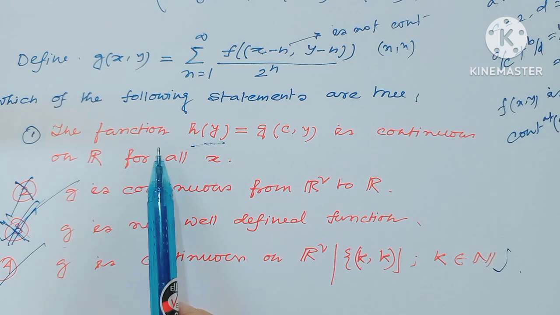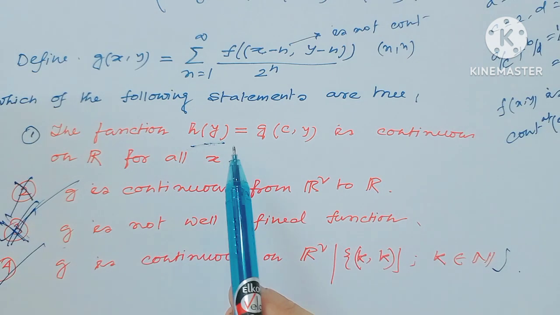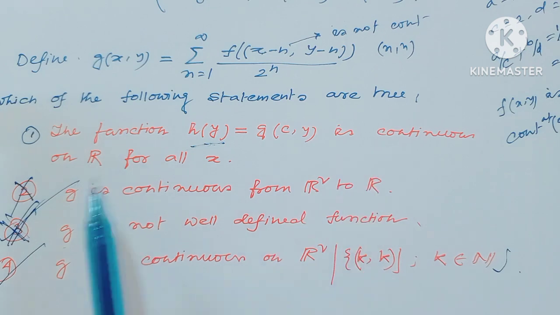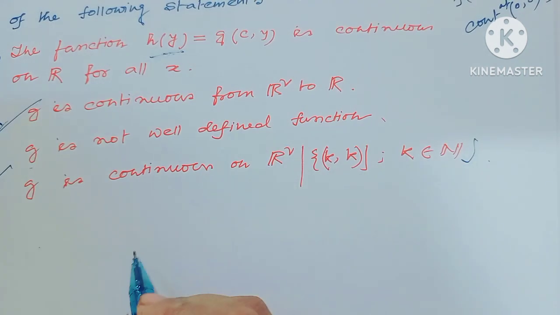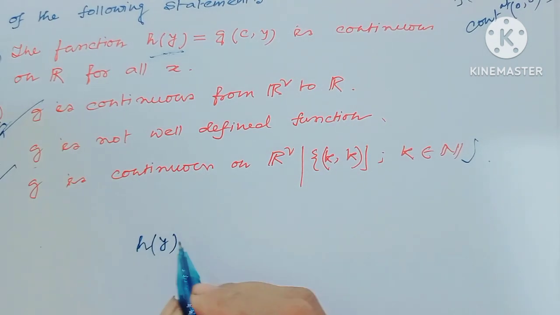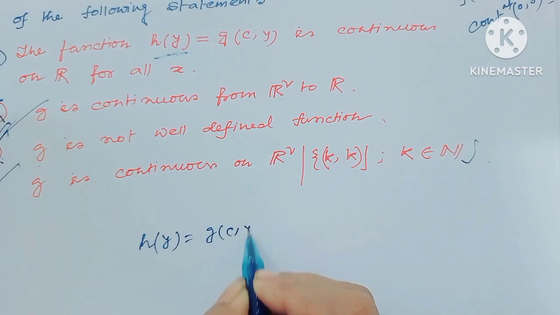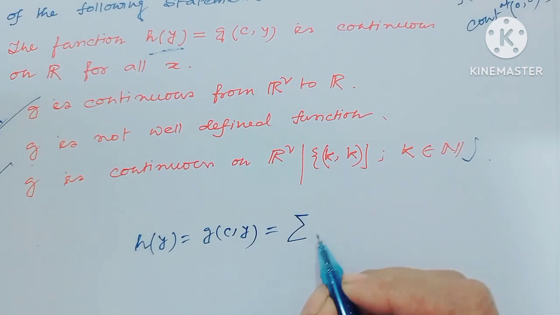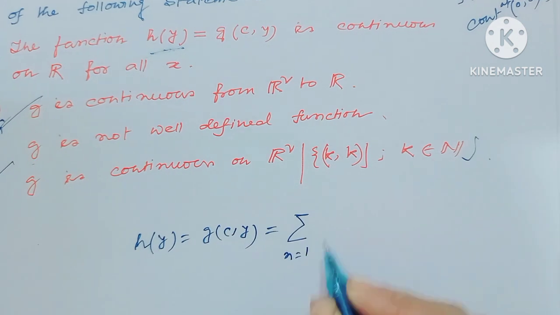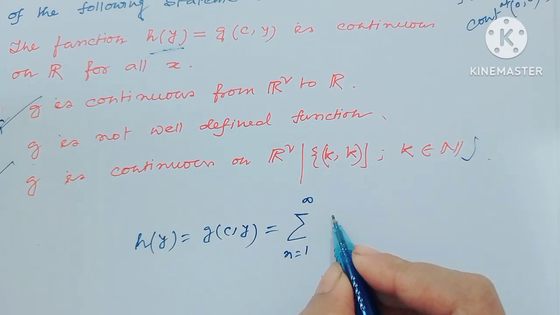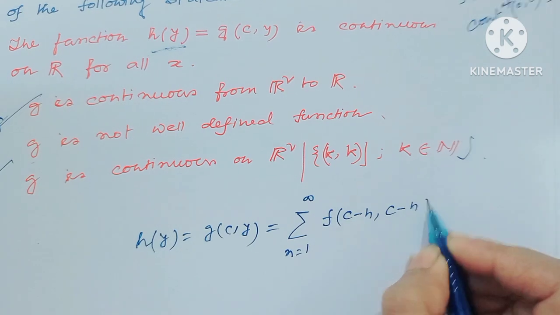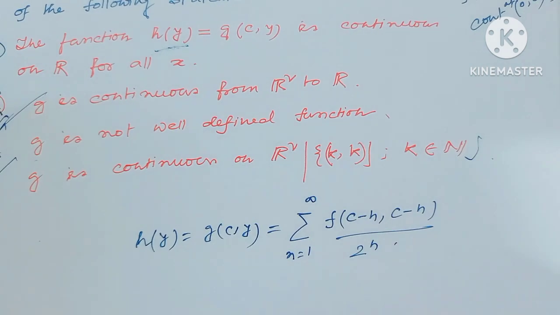And option 1 indicates that for fixed x, the function y maps to g(x,y) is continuous on R. Here g(x,y) is the series n equal to 1 to infinity of f(x minus n, y minus n) over 2 to the power n.